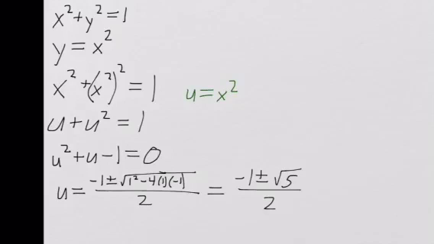What we could do to make our life easier with substitution, I'll use the same problem. So now, instead of doing the substitution with x or y, I'm going to make the substitution with x squared.